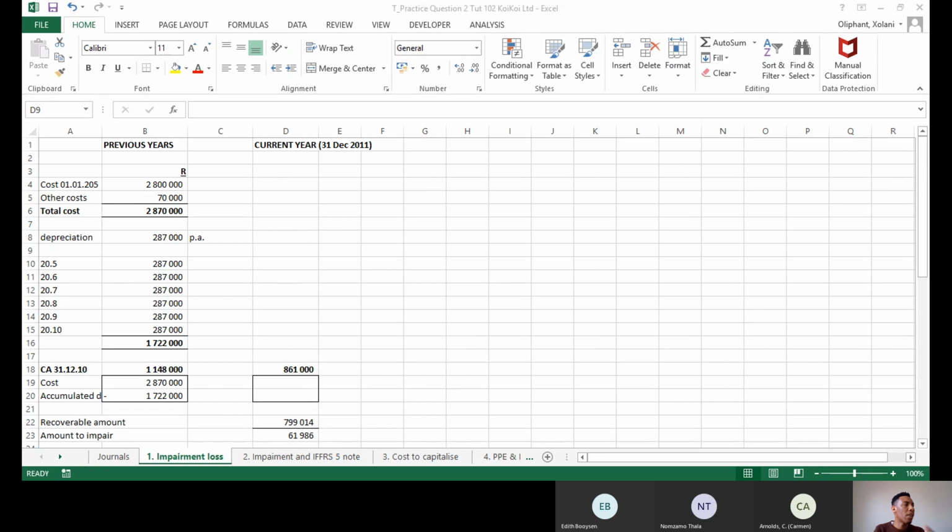The recoverable amount would have been based on the value in use, as determined using the pre-tax discount rate. Then you indicate where this impairment loss was included. In the journal entry that we've done, we would have included the impairment loss in the P&L. So that's basically the narrative part that we include in the impairment loss note. But you can go into the note and see what they actually document as the narrative part. Right? So we move to the second part.